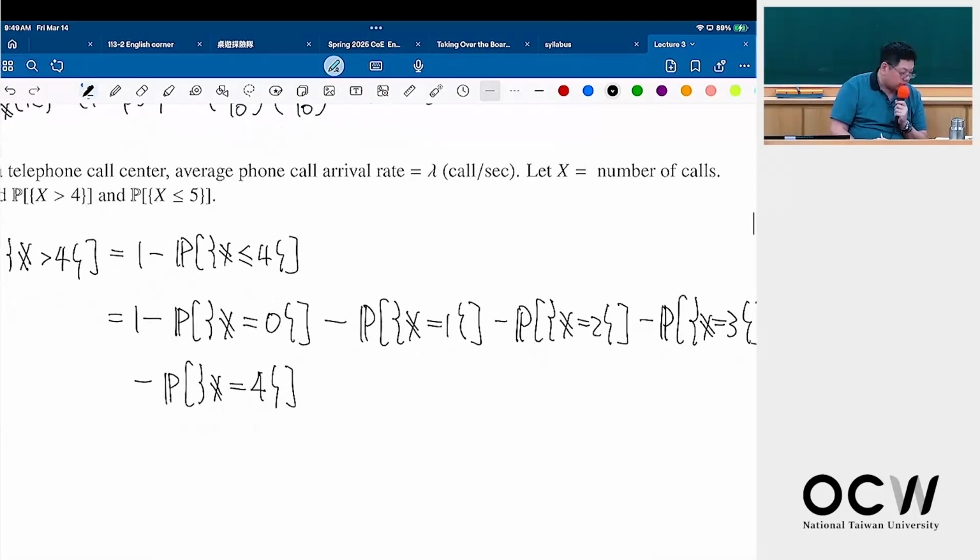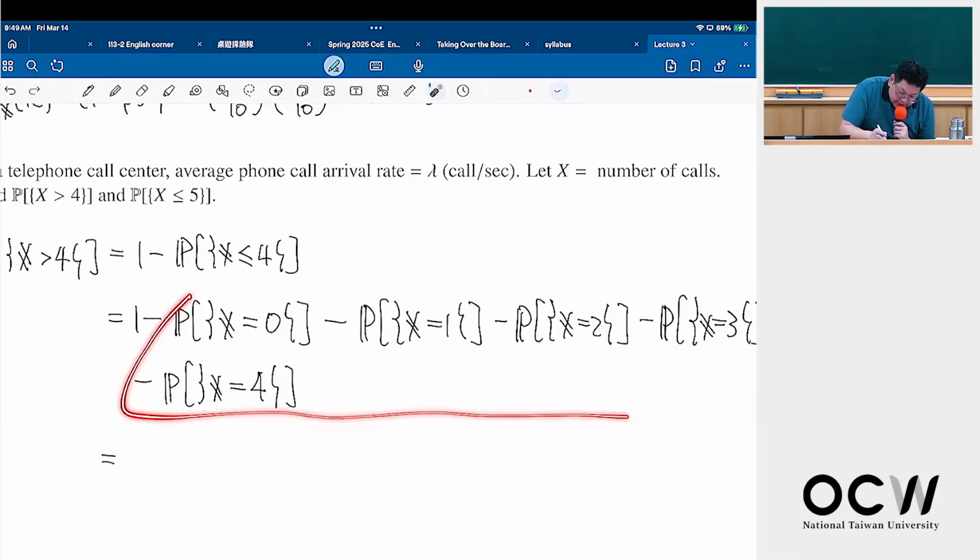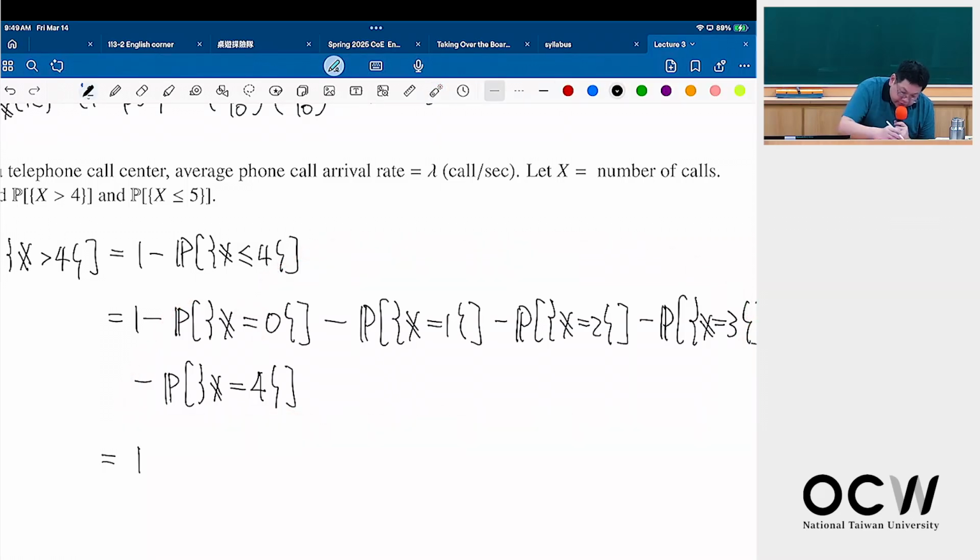Okay, so this part, consider X from 0 to 4, will be 1 minus the sum over k from 0 to 4 of lambda to the k divided by k factorial times e to the minus lambda.